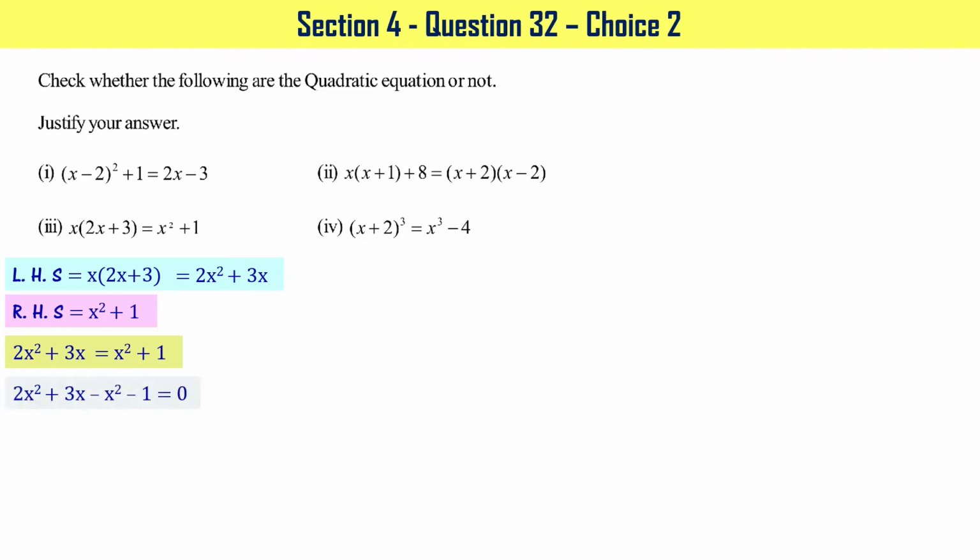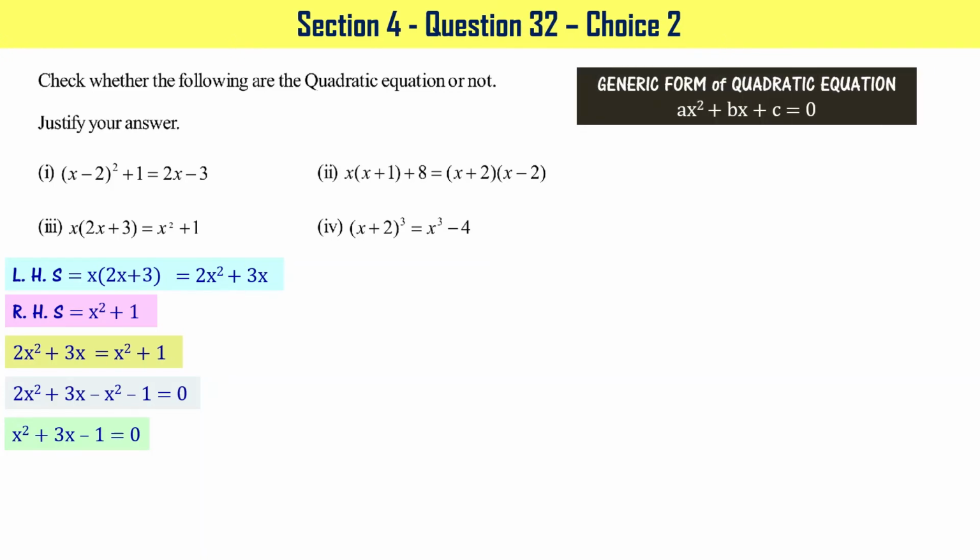When you simplify it, you get x square plus 3x minus 1 equal to 0. This is looking similar to ax square plus bx plus c, right? Degree of this particular equation is 2. Hence, the given equation is a quadratic equation. Let me write that. X times 2x plus 3 equal to x square plus 1 is a quadratic equation.